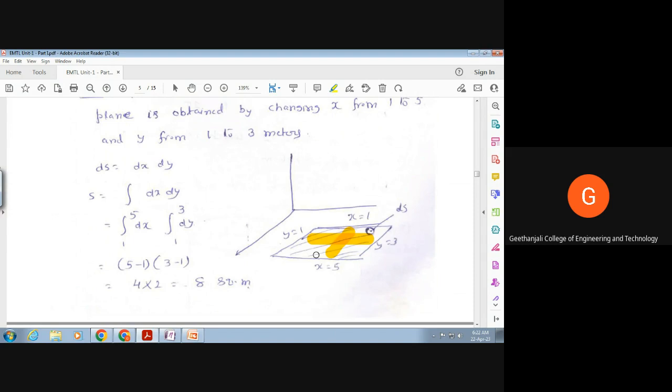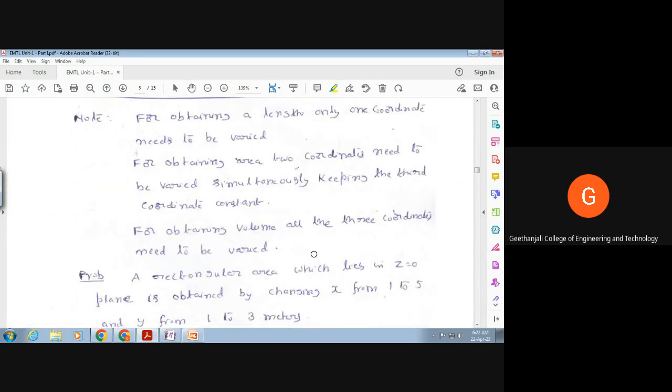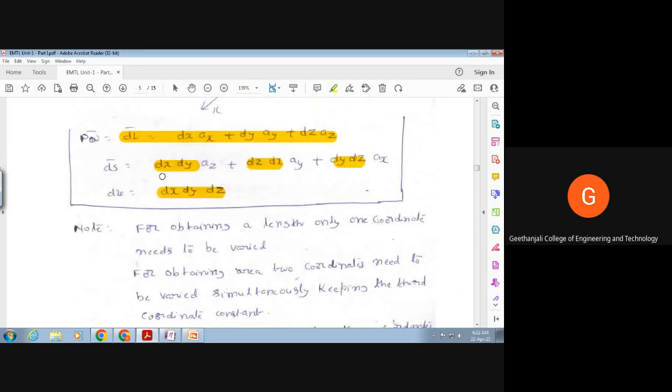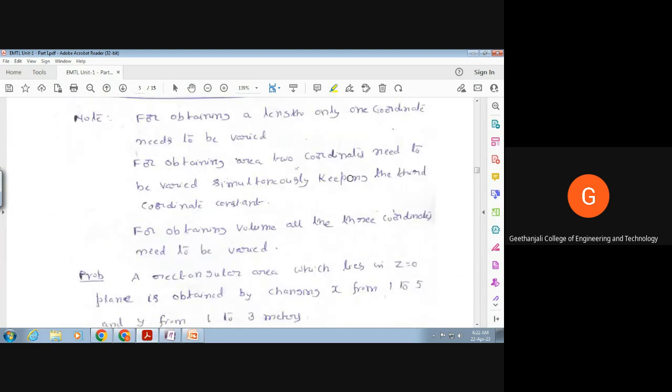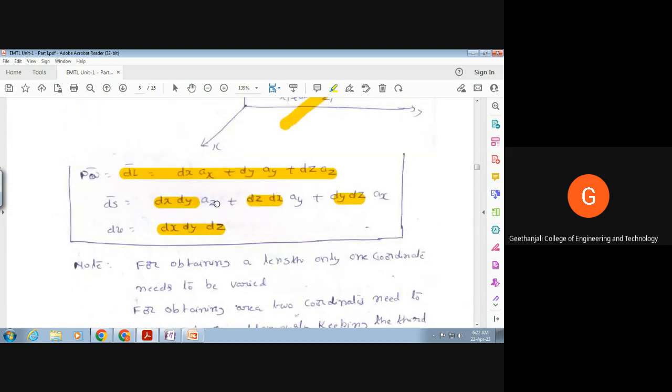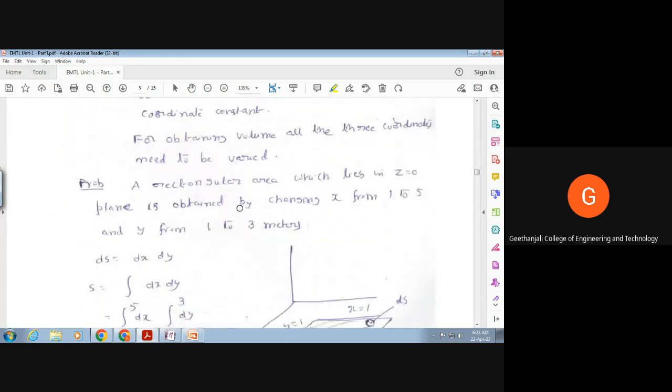The first point is, because we are dealing with area, I need to make use of this equation: ds is equal to dy dz ax plus dx dz ay plus dx dy az. There are three terms here. How to pick up the appropriate term? There are two ways.